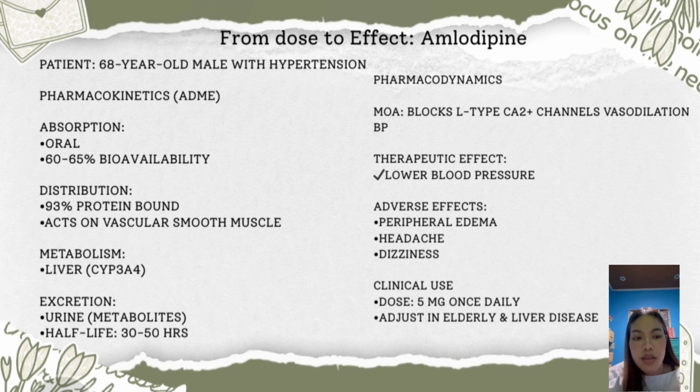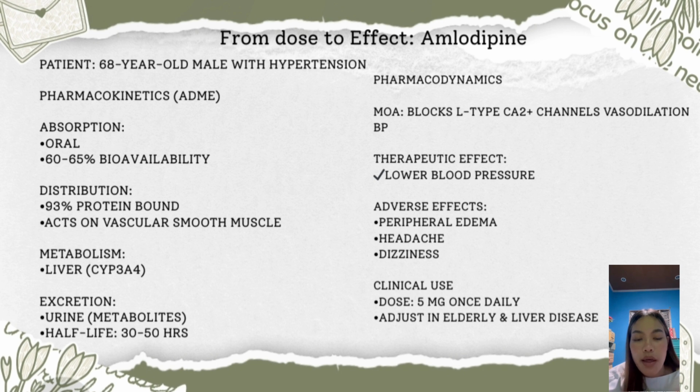So next is the receptor type. Amlodipine acts as a functional antagonist of voltage-gated calcium channels, and it does not stimulate a receptor but instead blocks calcium entry into the cell. Next is the dose-response relationship.